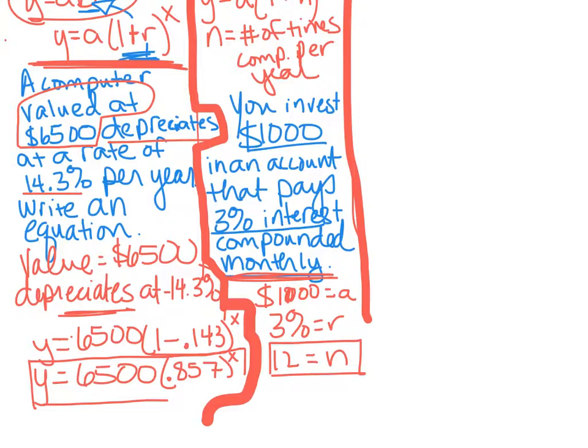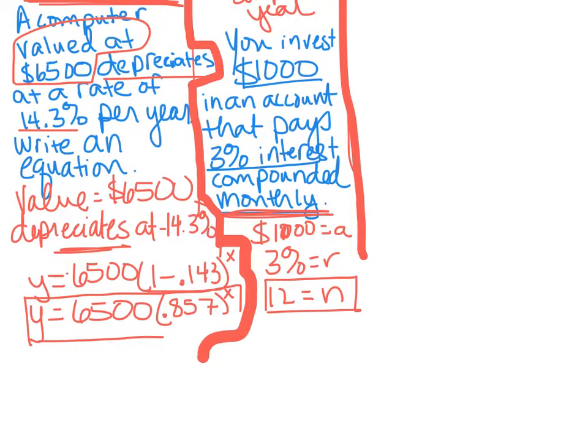So putting that into our equation, we will have y equals 1,000 times 1. It's increasing, so we will add. My rate as a decimal is 0.03. My n is 12. And then to the 12t.